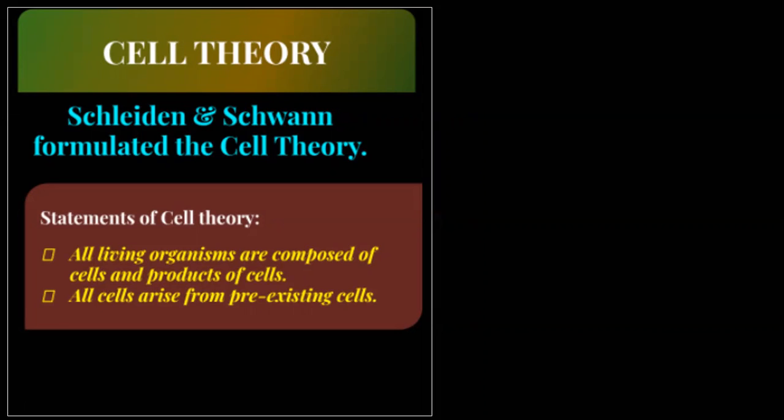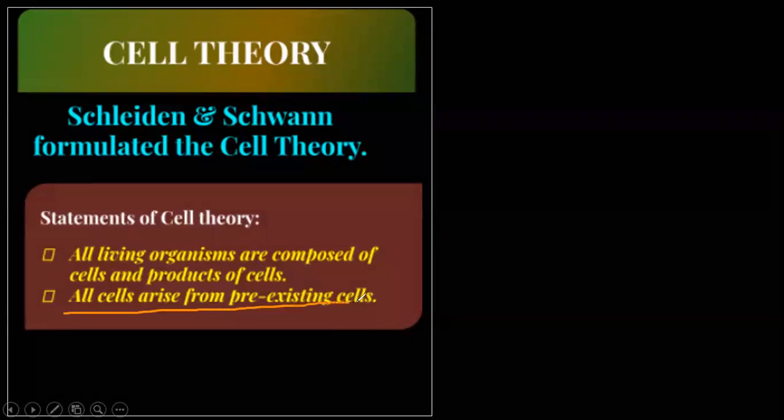Schleiden added points based on plants, and Schwann added points based on animals. These two scientists proposed the cell theory consisting of these points: all living organisms, whether plants or animals, are composed of cells, and all activities in an organism are due to the sum or product of the cells.